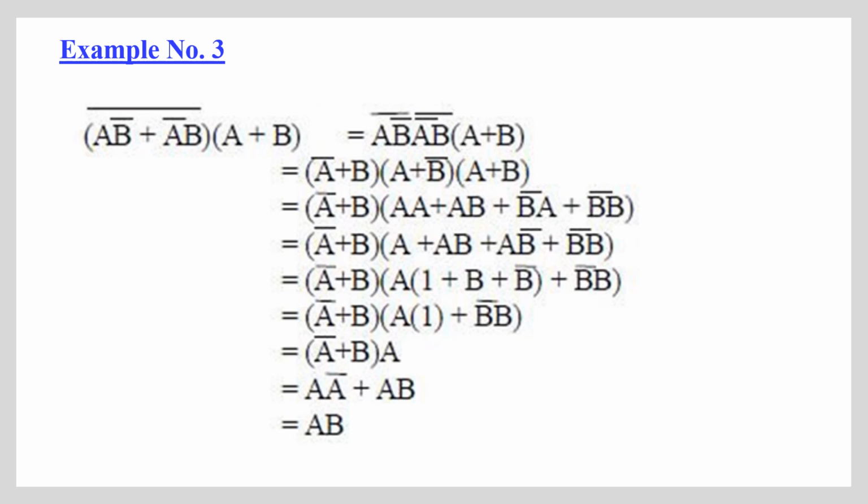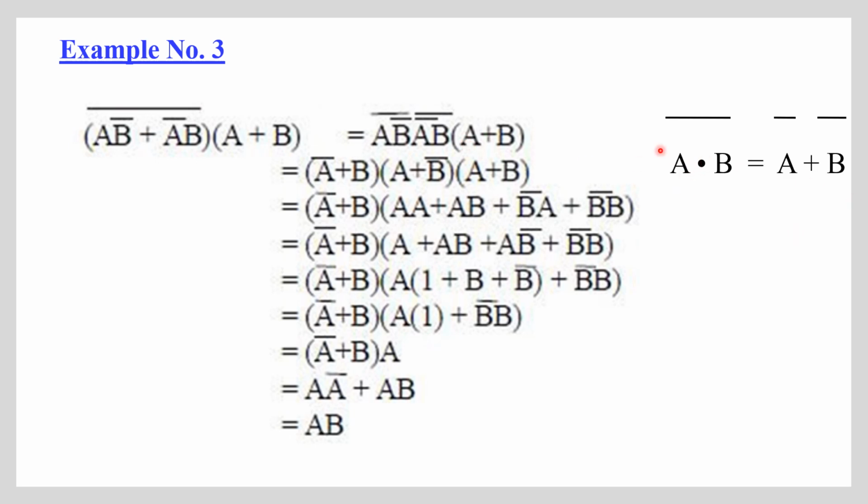Now the third example: a b bar plus a bar b the whole bar into a plus b. So let us see. Now first we will break the bigger bar. So what we get? A b bar into a bar b bar into a plus b. We have kept a plus b as it is.